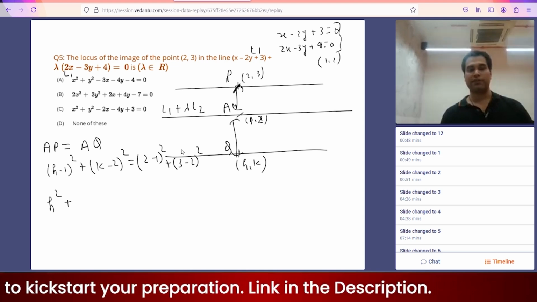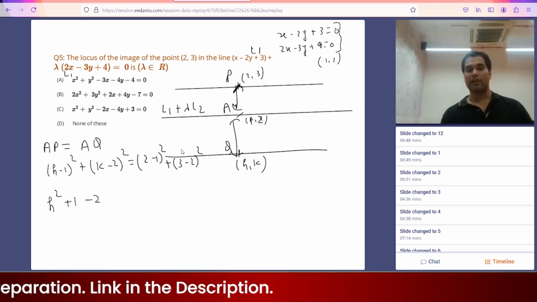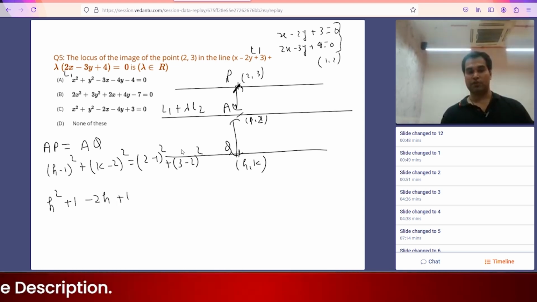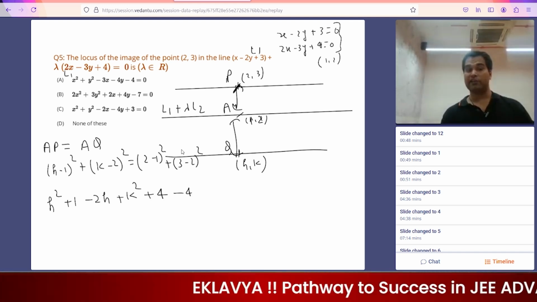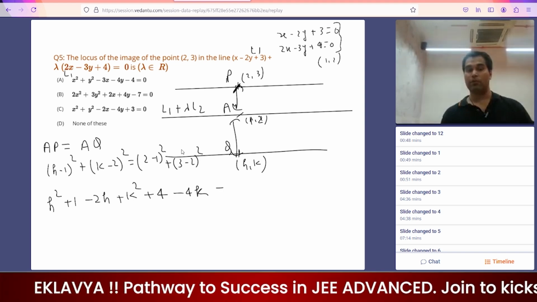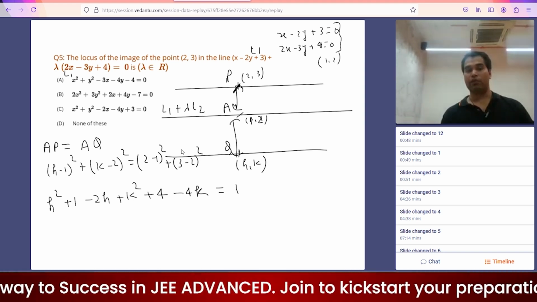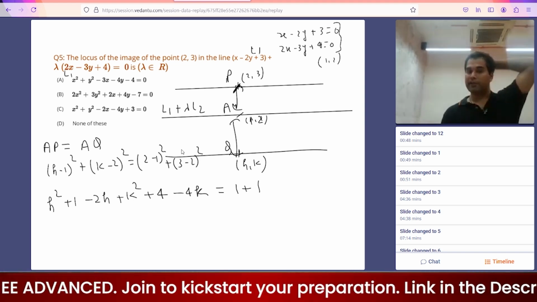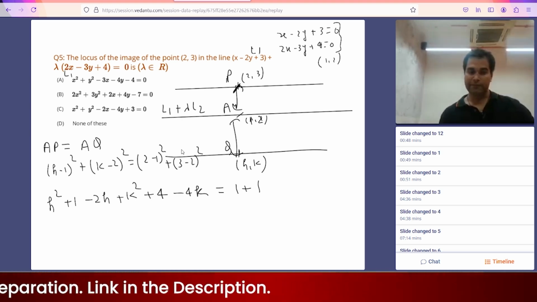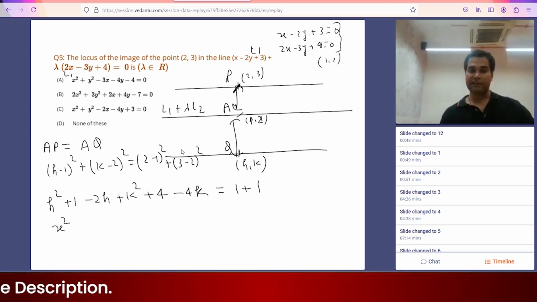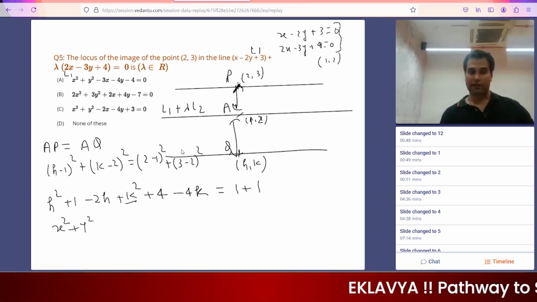And h minus 1 whole square is h square plus 1 minus 2h, and k minus 2 whole square is k square plus 4 minus 4k. And here 2 minus 1 whole square is 1 and 3 minus 2 whole square is 1, and here we replace h and k with x and y.